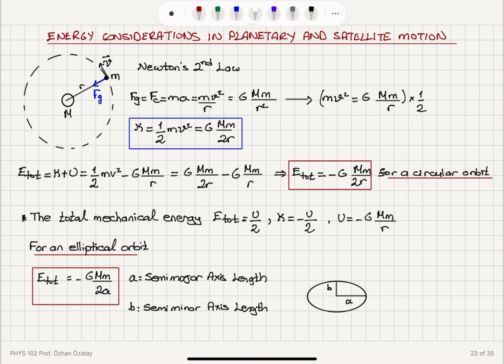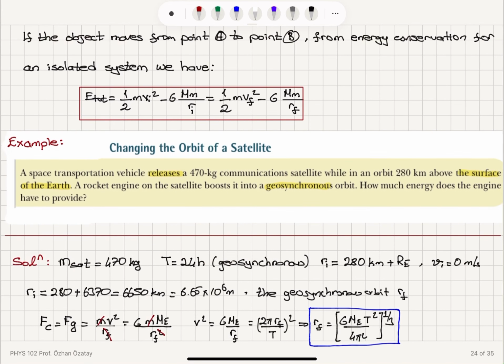And if this is not a circular orbit but an elliptical orbit, we have to replace the radius with the semi-major axis length of the ellipse.